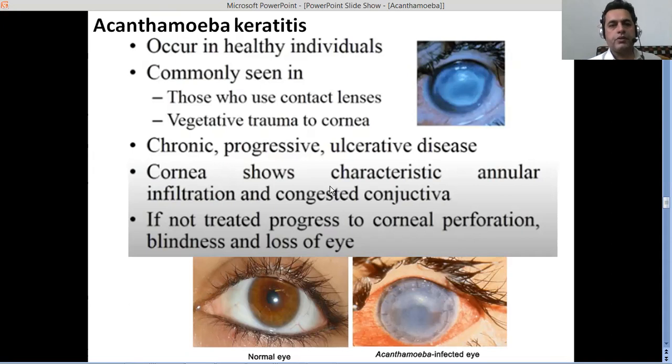Later on, the parasite was isolated from different settings, which confirmed these observations or association studies.